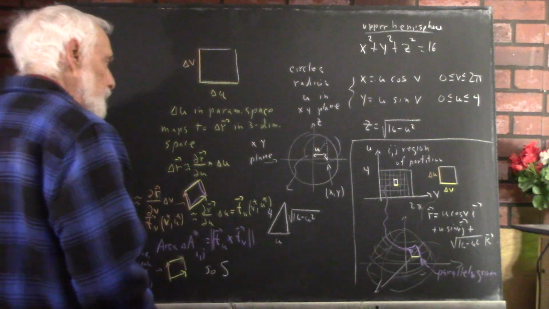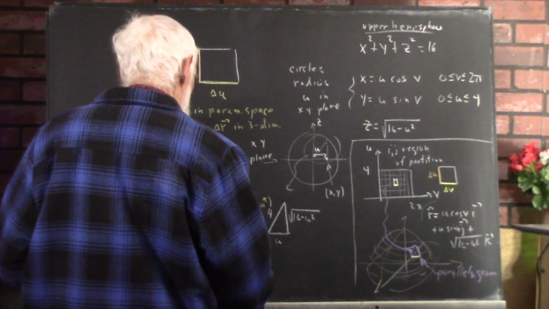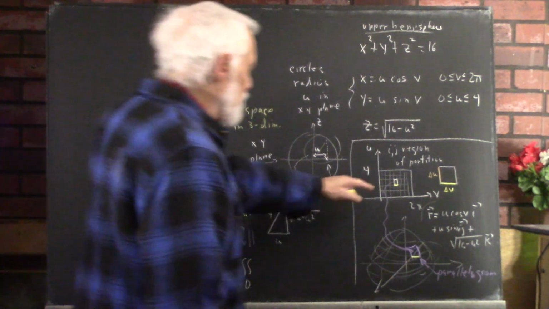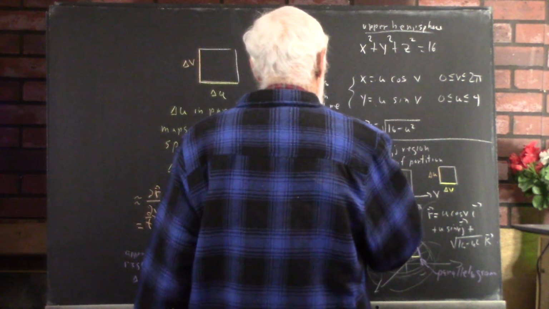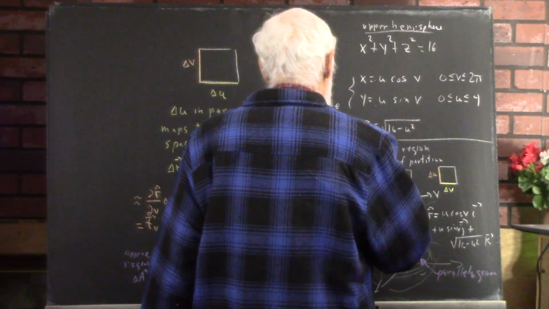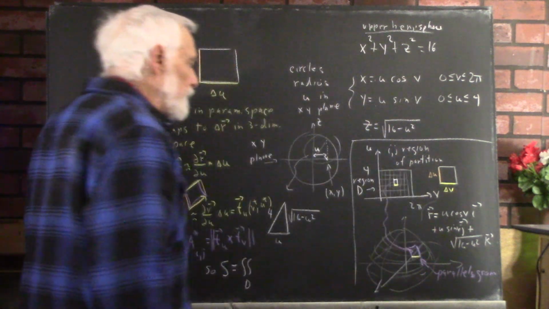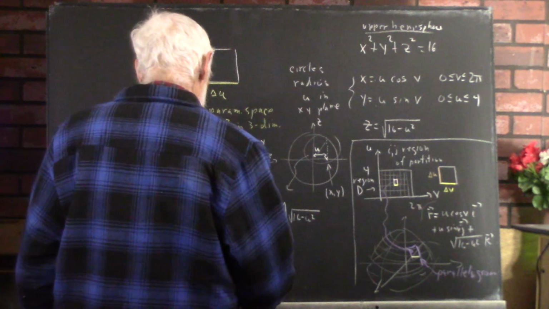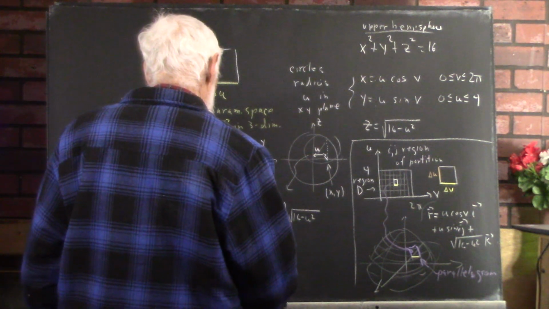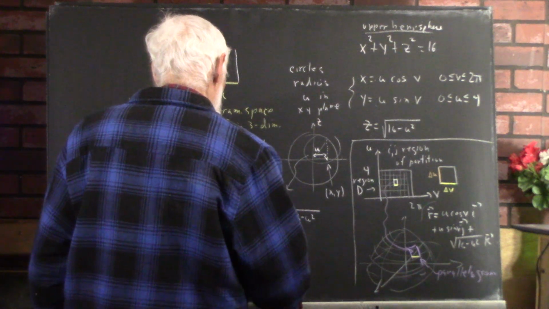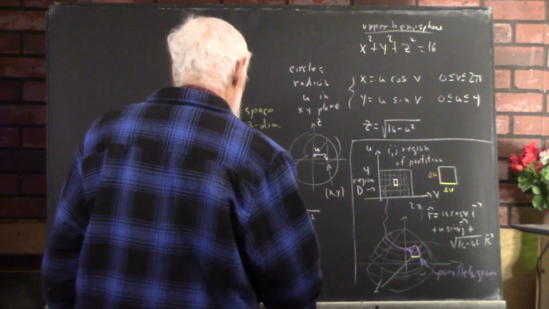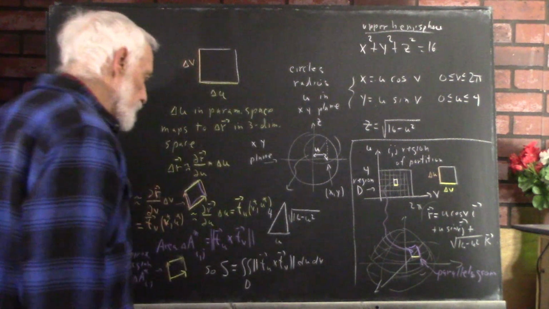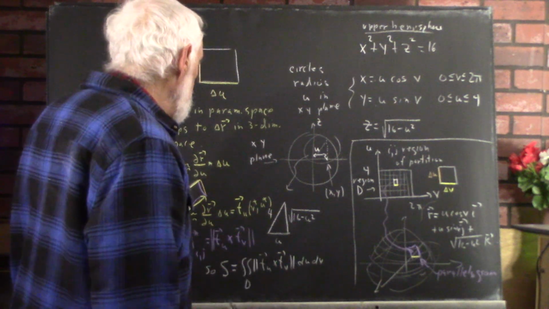So the surface area, which I'll call S, then becomes the double integral over the region, let's call this region D in UV space, of the magnitude of TU cross TV.